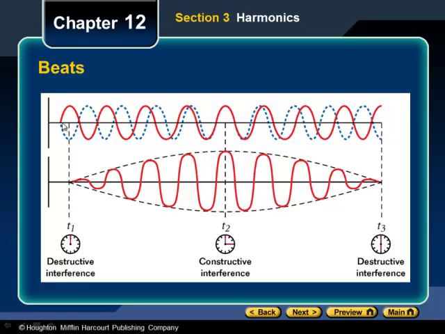Where a crest and a trough coincide, the waves cancel each other out, you get destructive interference there, and so you hear nothing. So it goes from nothing to very loud, back to nothing again, and the number of these that you get per second will be the difference in frequency of the two waves.